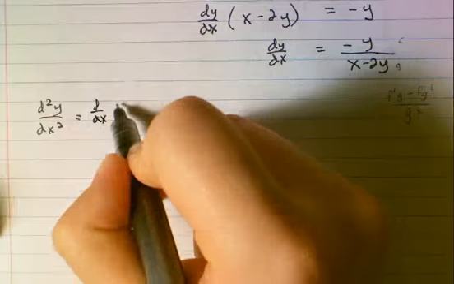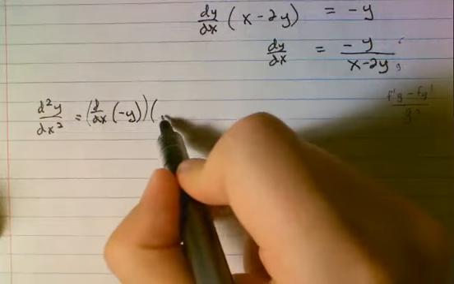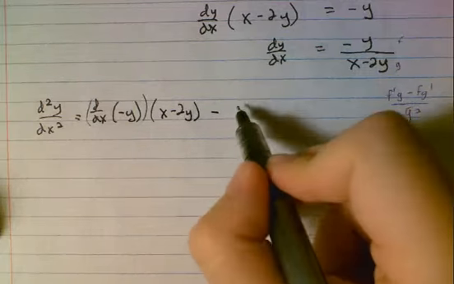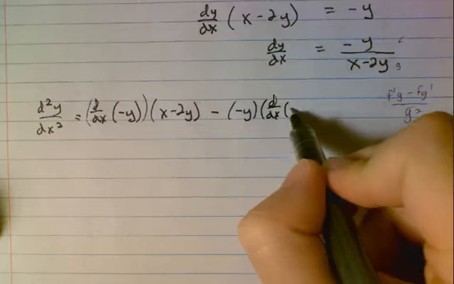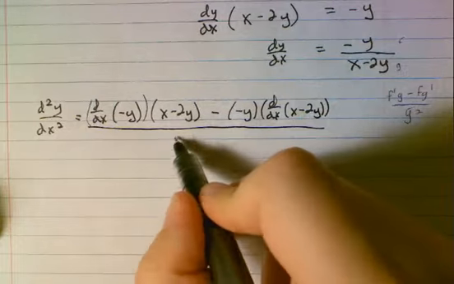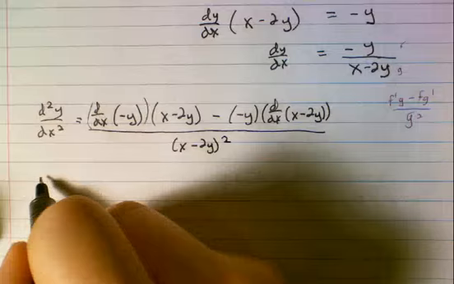So we've got the derivative of negative y times x minus 2y, minus negative y times the derivative of x minus 2y, all over x minus 2y squared.